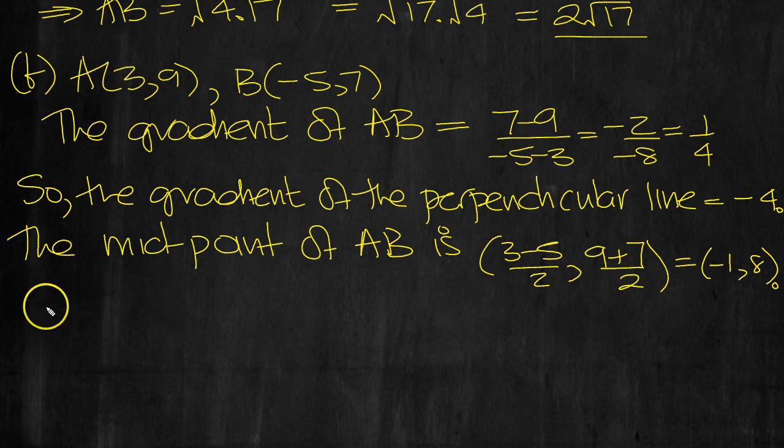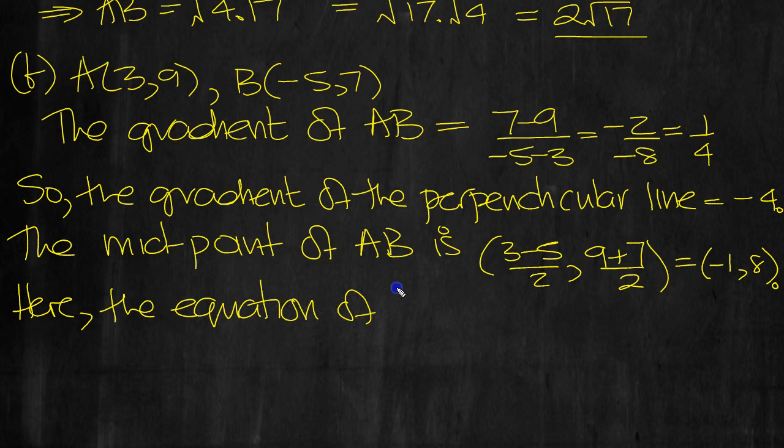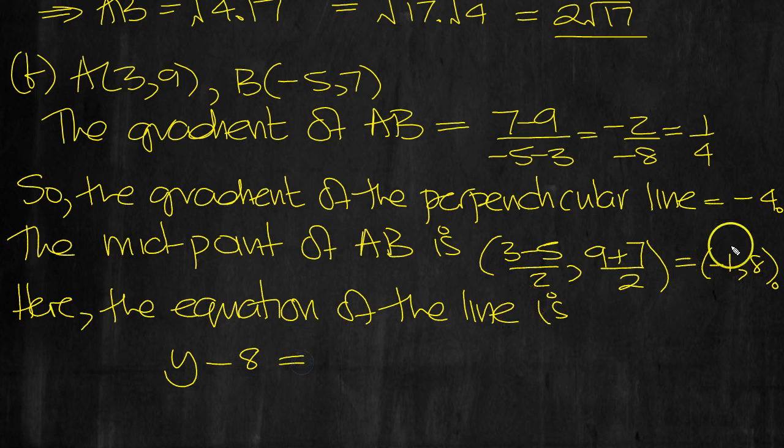Right. So here we now need to write down the equation. The equation of the line is y minus 8, since it goes through the midpoint of AB, is equal to the gradient, which is minus 4, times x minus minus 1.